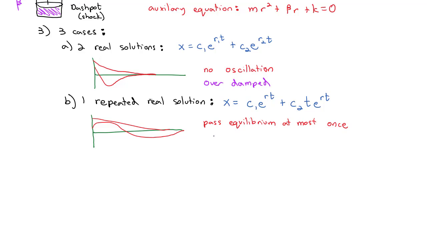We call this situation critically damped. And the reason we say it's critically damped is if there's any slight variation on the damping constant, we end up with what is called overdamped, where we have two complex solutions.